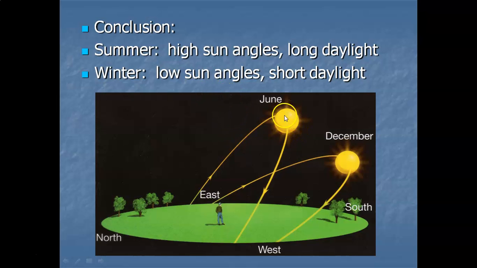And so this is a nice diagram illustrating a mid-latitude location, like us here, maybe 30 or 35, 40 degrees, like the latitude of New York City. In summertime, we're going to have high sun angles. For us, on the first day of summer, a pretty high sun angle, somewhere around 84 degrees above the horizon.